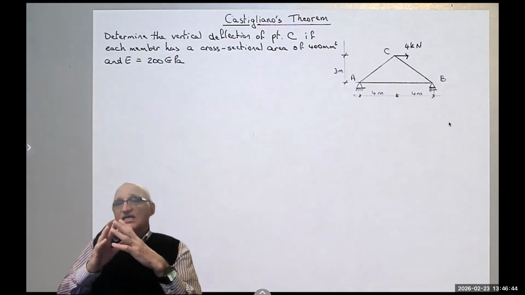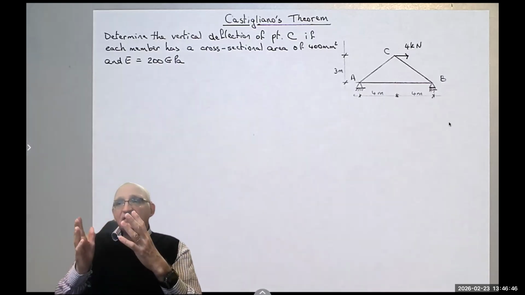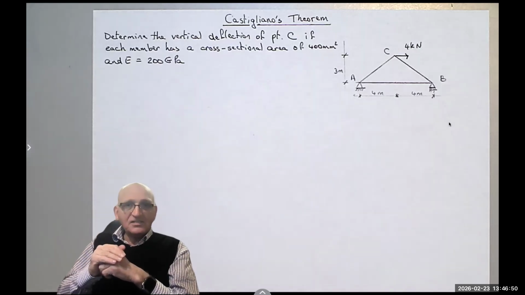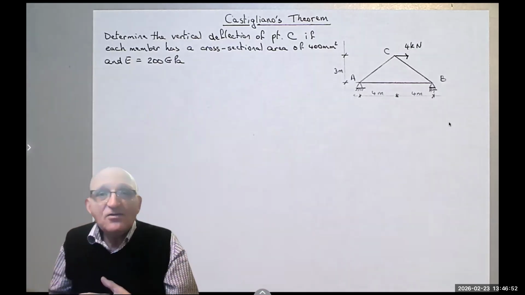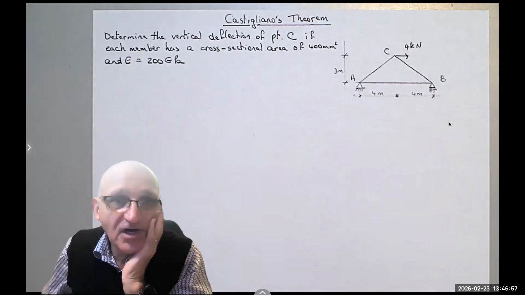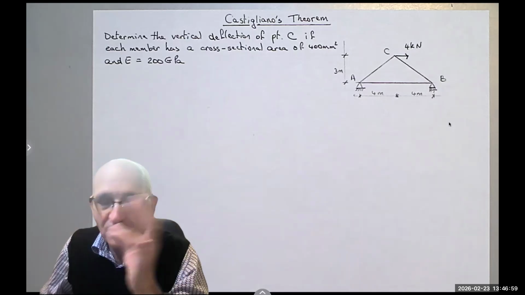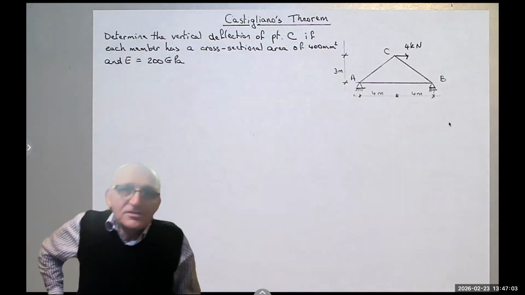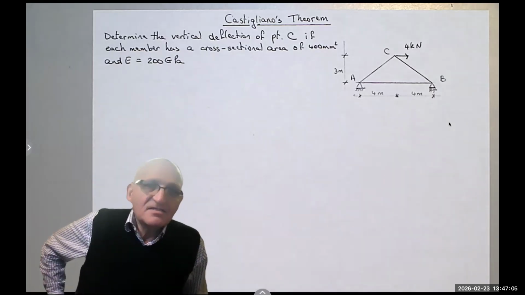Castigliano says that for the load that produces the deflection, if you know it, then all you have to do to find the deflection is to take the partial derivative of the elastic strain energy with respect to that load. It's as simple as that.